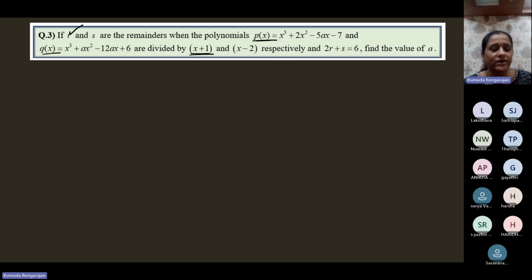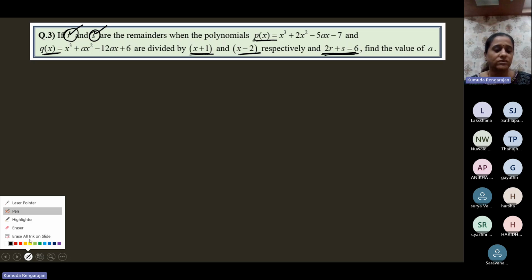And when Q of x is divided by x minus 2, the remainder is s. There's one more condition or equation given to us: 2 times r plus s is equal to 6. This relationship between r and s is also given to us.